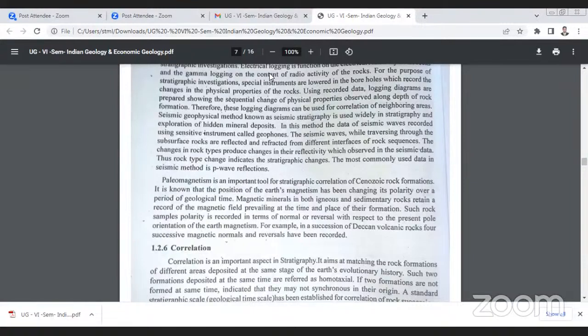Such rock samples' polarity is recorded as normal or reversed with respect to the present pole orientation of the earth's magnetism. For example, in a succession of Deccan volcanic rocks, four successive magnetic normals and reversals have been recorded.